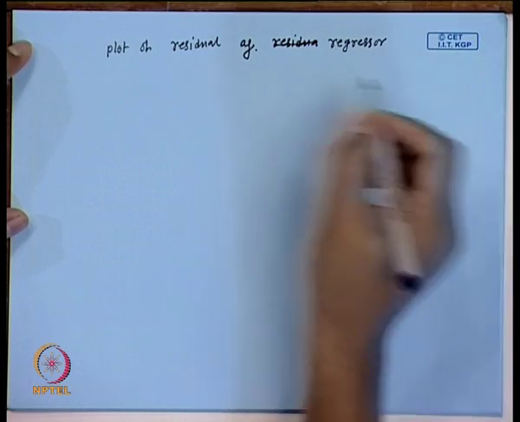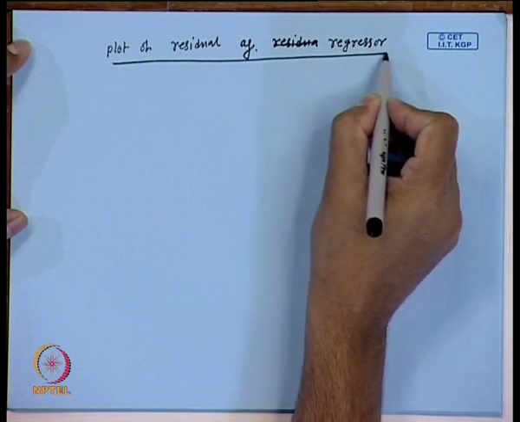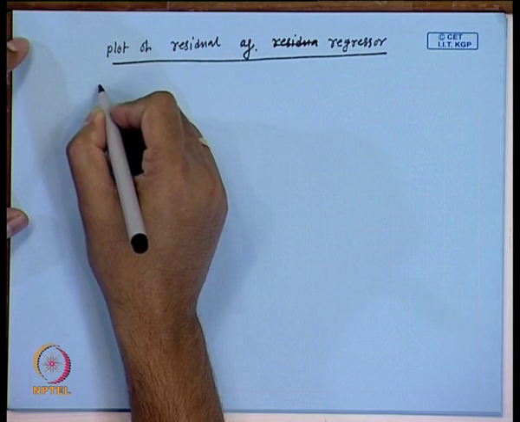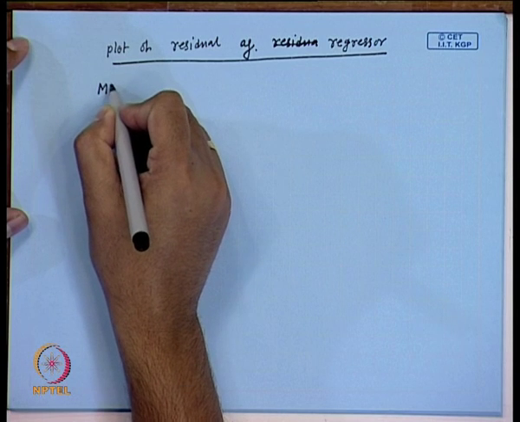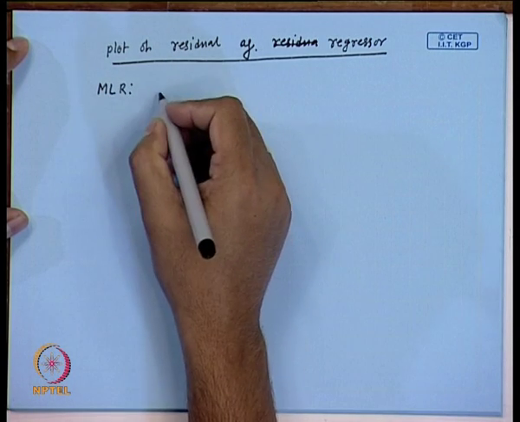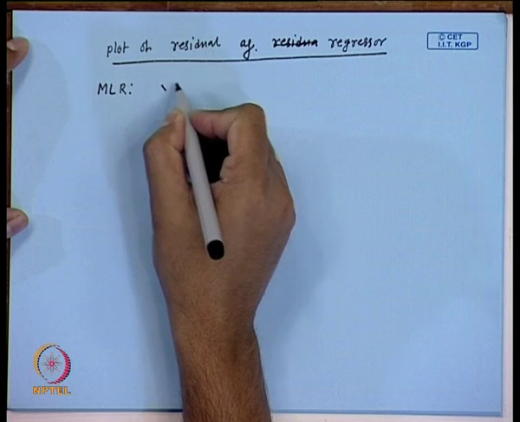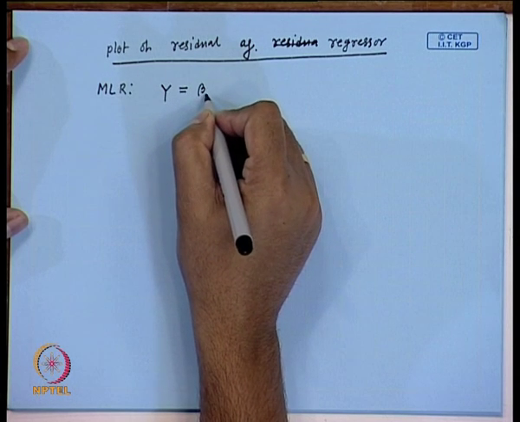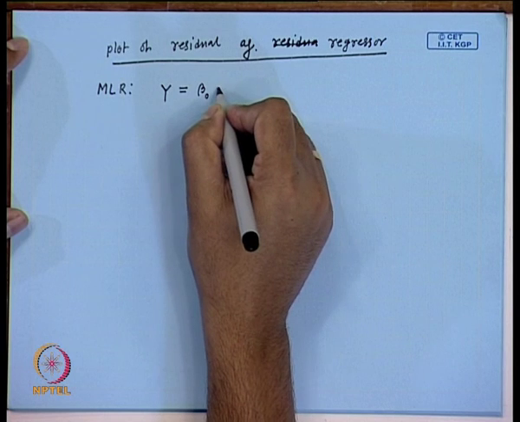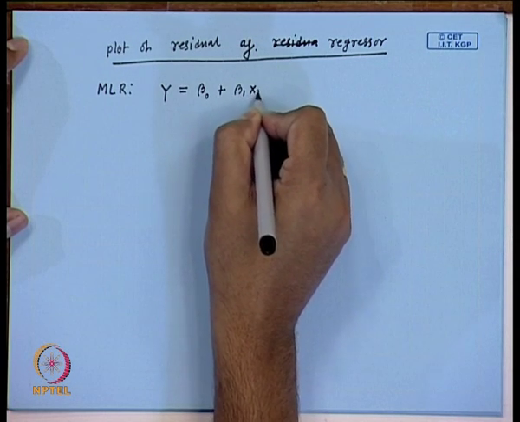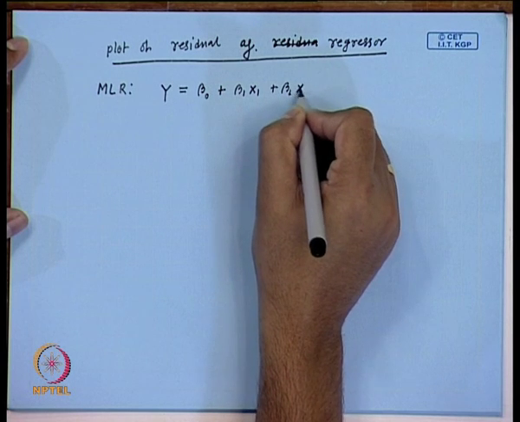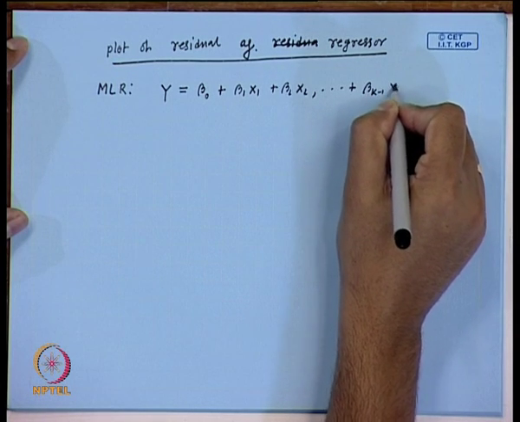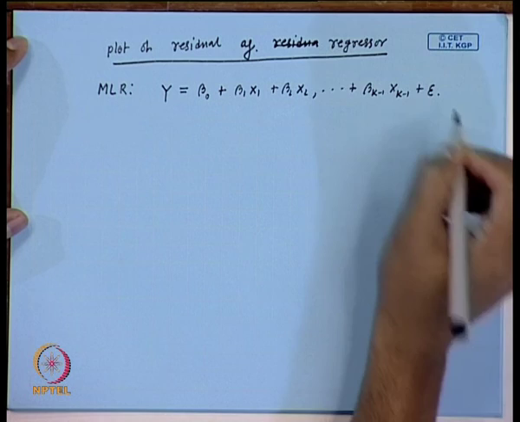Here we are in the multiple linear regression model setup, and we have the response variable y and several regressor variables, like x1, x2, maybe beta k minus 1, x k minus 1, plus epsilon.